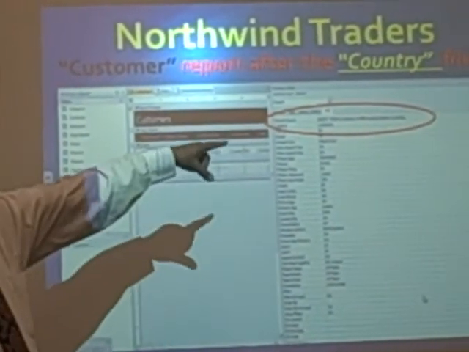This is the customer report before the country filter, and this is the customer report after the country filter. That's the way we fixed it: we just changed the source and put some conditions into the source code.